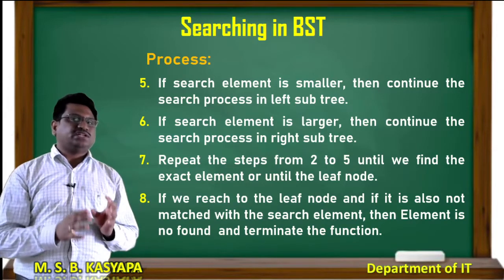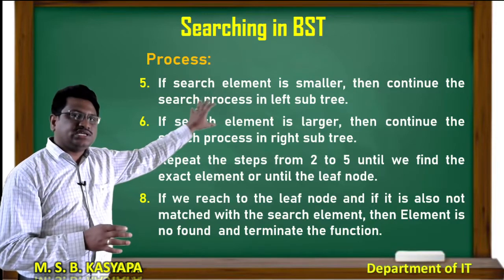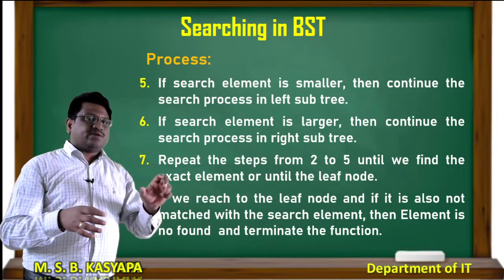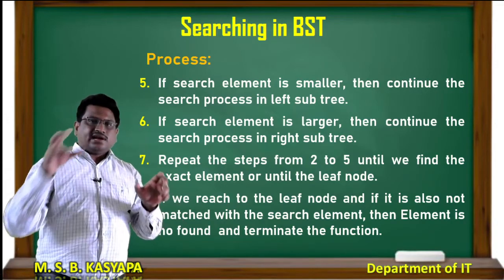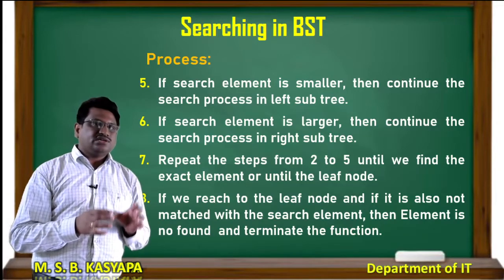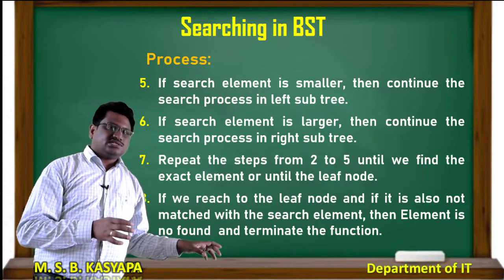So, if it is a smaller value, then I will proceed to search in the left subtree. Am I right? In the left subtree, the lesser values will be sorted. In the right subtree, the greater values will be sorted. Am I right? So, if the value is less than the root node, then I will continue the search in the left subtree.